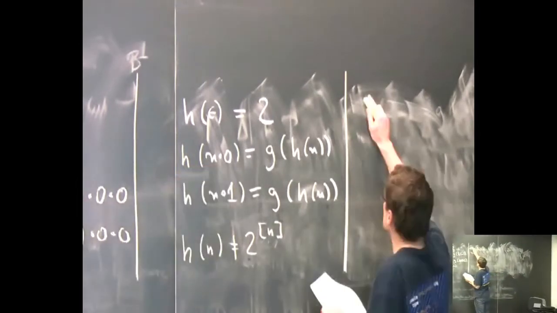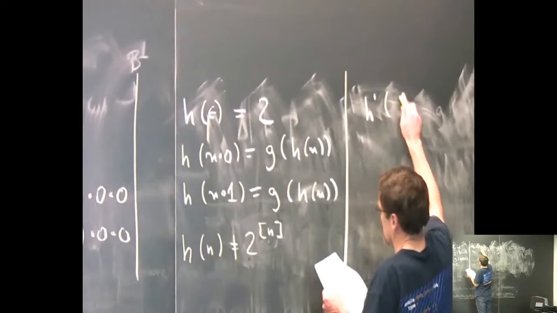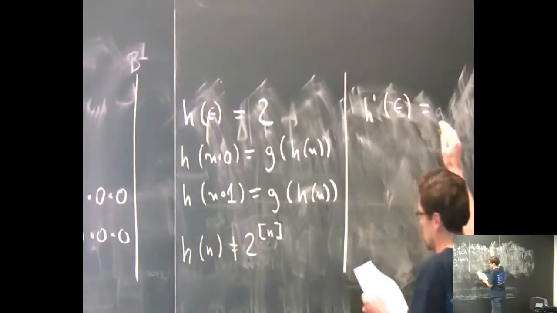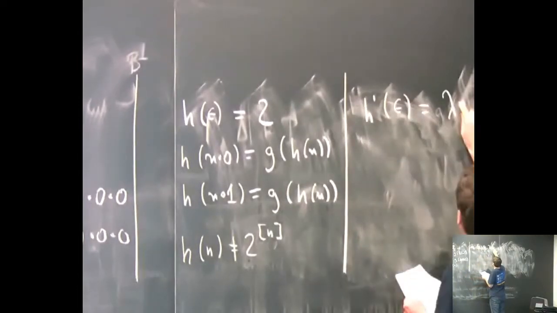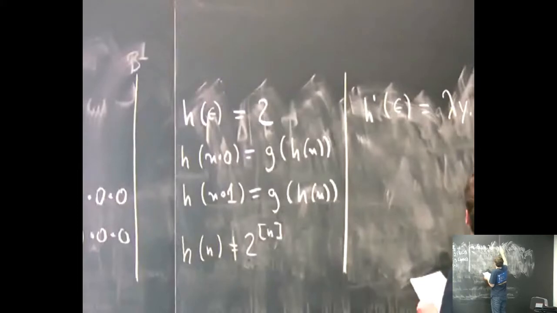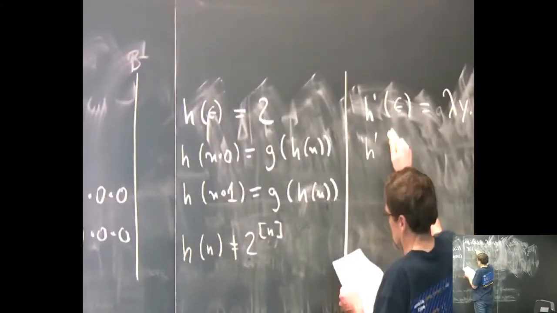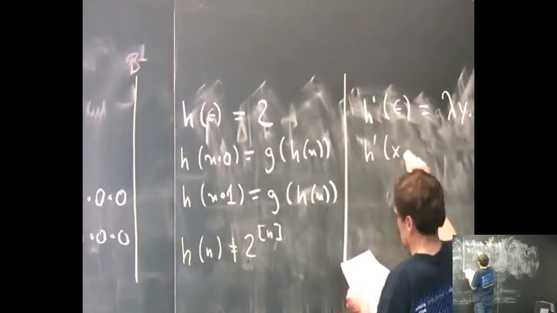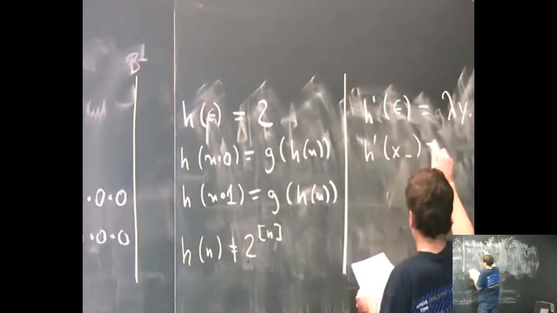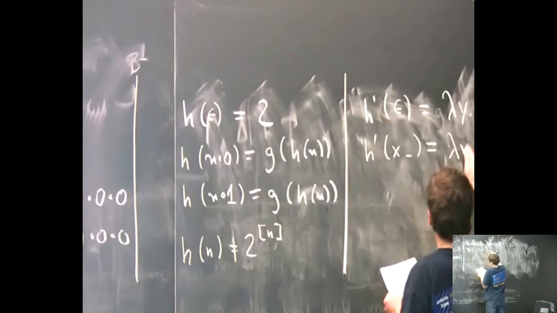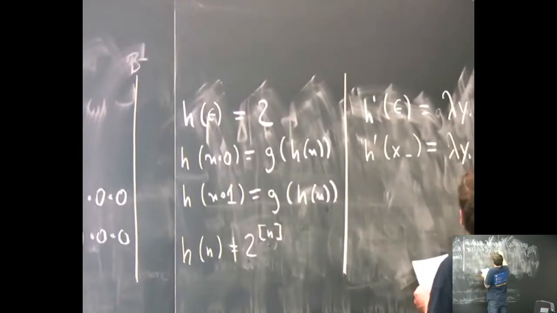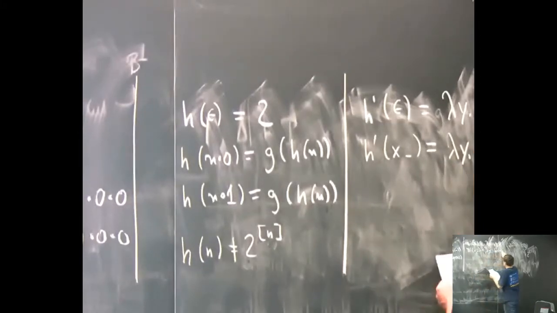So that's another function, h prime of epsilon equals lambda y followed by 0, and h prime of x. And actually, we don't care what the digit is, so let me just abbreviate. It is lambda y, h applied to x, and the result applied to h applied to x applied to y.